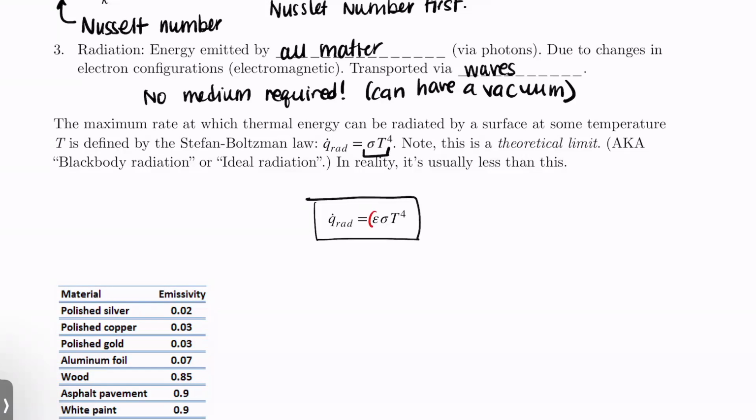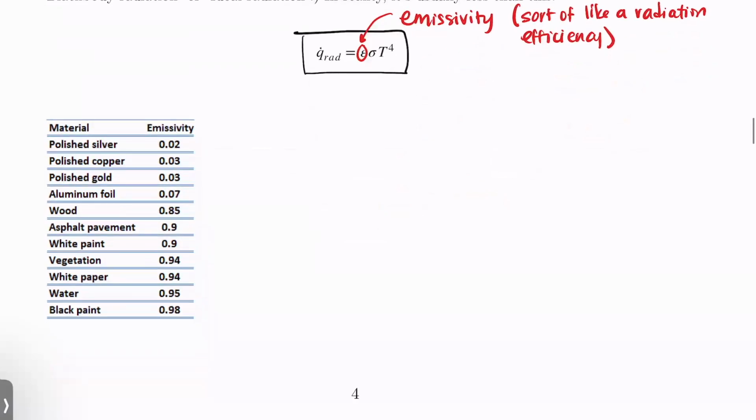So this epsilon value is the emissivity, and you can think of this as a radiation efficiency. This depends on the type of material that you have, and it's always going to vary from 0 to 1, just like efficiency would.